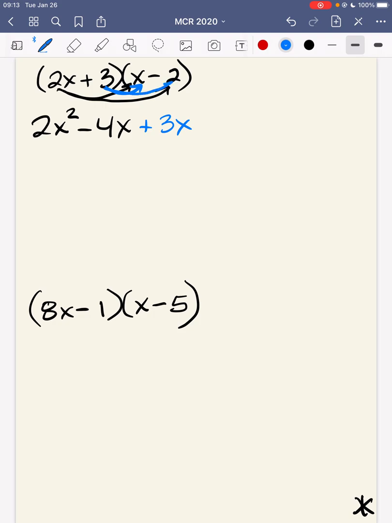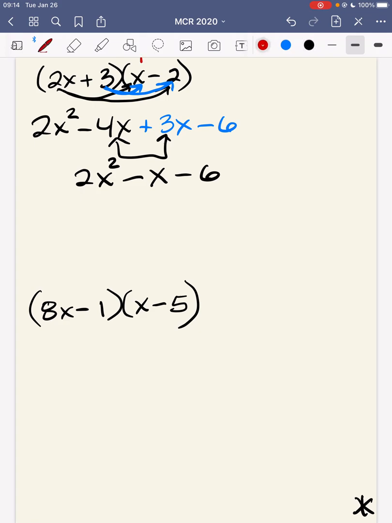And a 3 times a negative 2, which is negative 6. All right. Combine my middle 2 terms. My middle 2 terms right here end up being minus x or minus 1x. And the 6 and the 2x squared come out to the front.